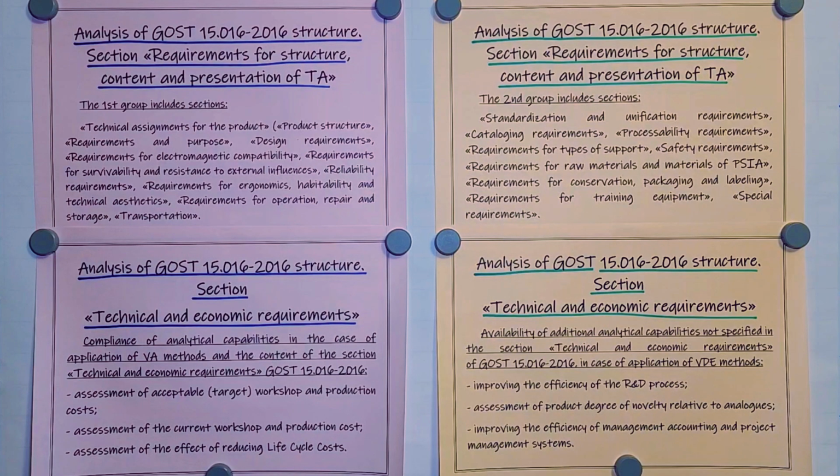Such subsections as stages of the implementation of R&D, the procedure for the implementation and acceptance of the R&D, the procedure for the approval of the technical assignment for the R&D, and etc., are related to the field of activity of specialists and the organization of business processes of approval and project managers, and can hardly be attributed to the first or the second group, and they are not included in structural and functional models and analytical reports.